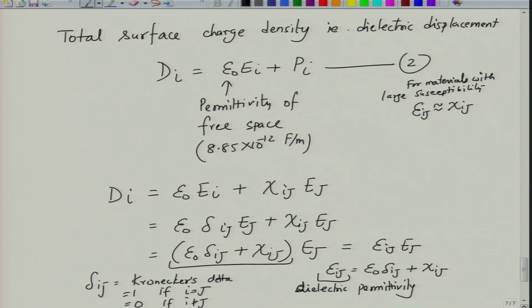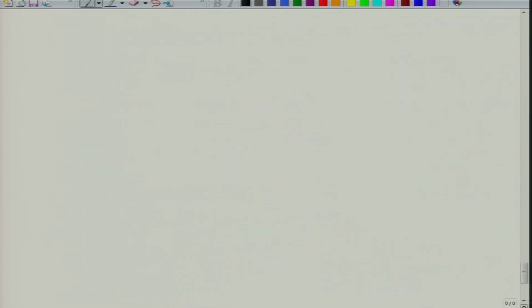We can also write this epsilon ij as epsilon r ij into epsilon naught or kappa ij into epsilon naught, where this is called the dielectric constant. When you say high K dielectric or low K dielectric, this is the kappa, which is also nothing but epsilon r. This is the more useful term, epsilon r or kappa, than epsilon ij.